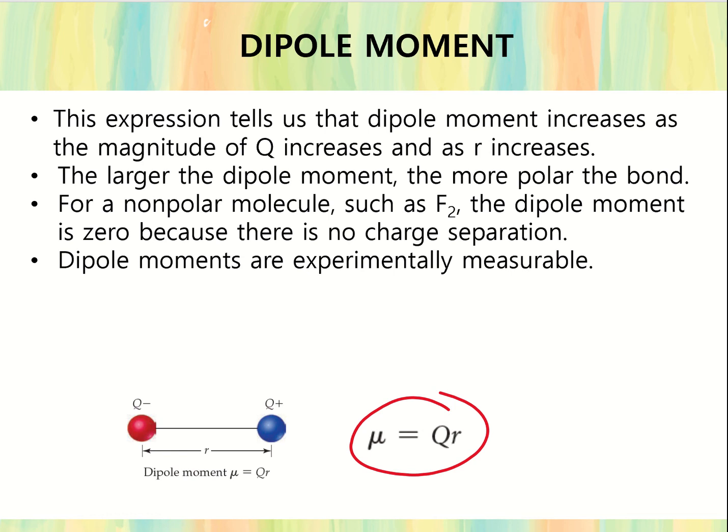The larger the dipole moment, the more polar the bond. For a nonpolar molecule like fluorine, as we just saw, the dipole moment would be 0 because there's no charge separation. And dipole moments are experimentally measurable, so scientists measure the dipole moments and are able to quantify the polarity of a molecule.